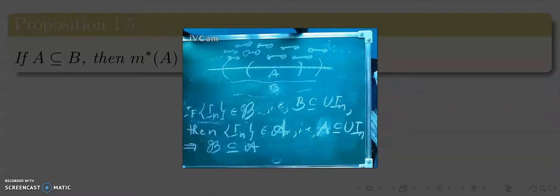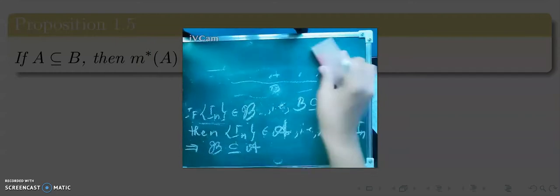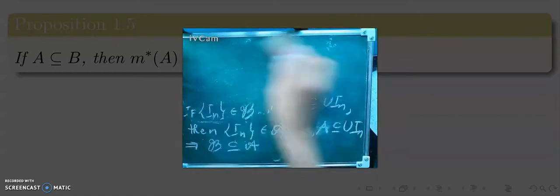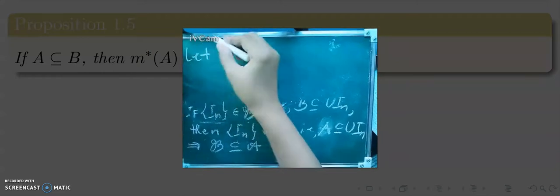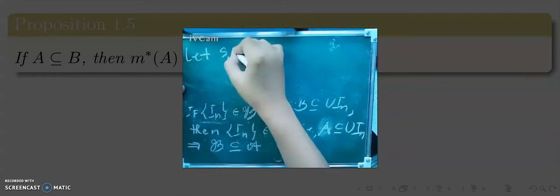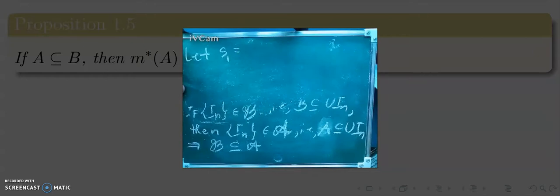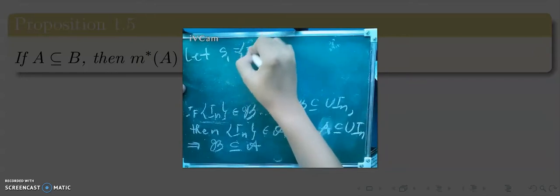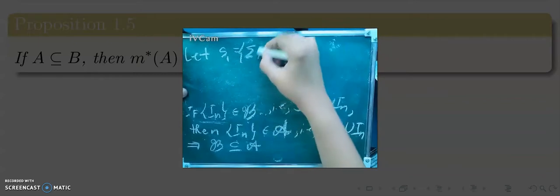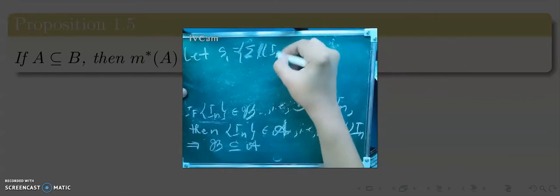Now we are going to let the set, the collection of the summation of the length of our open covers. Say we let S sub 1 be equal to the set of the summation of the length of I sub n.